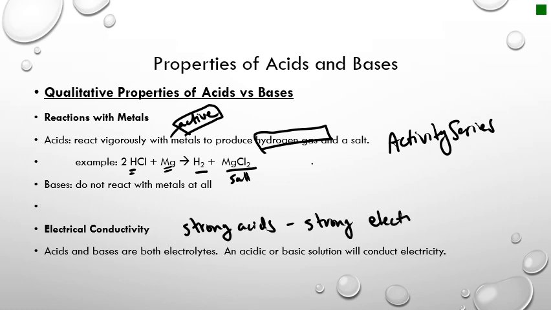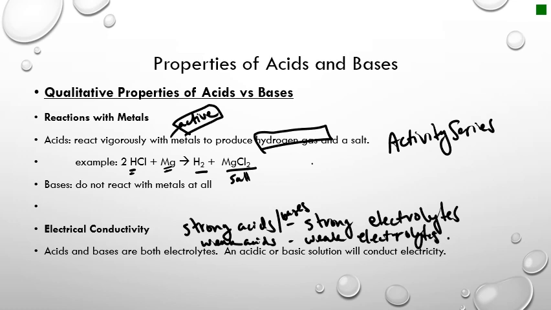We've already talked about this in our solutions unit. And then our weak acids, those will be weak electrolytes. So although they will conduct a current, it will not conduct as well. So you'll get a slight bit of current that will flow through.